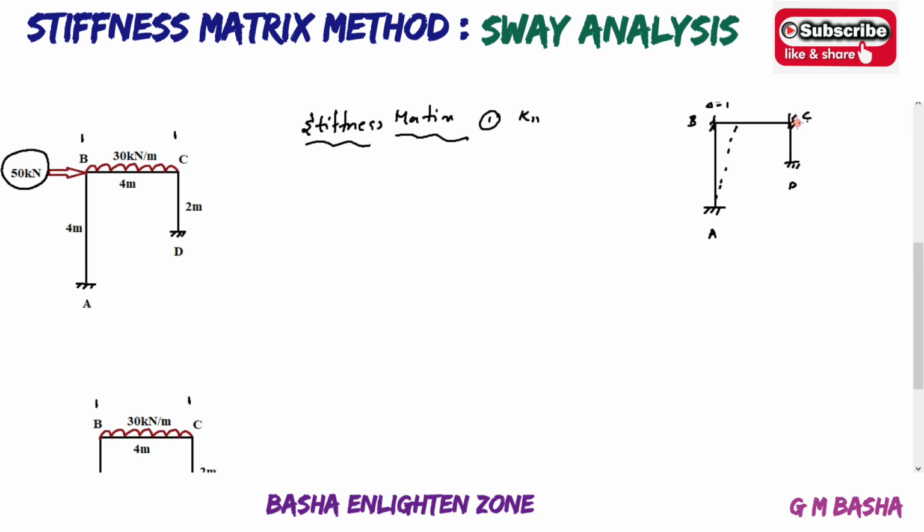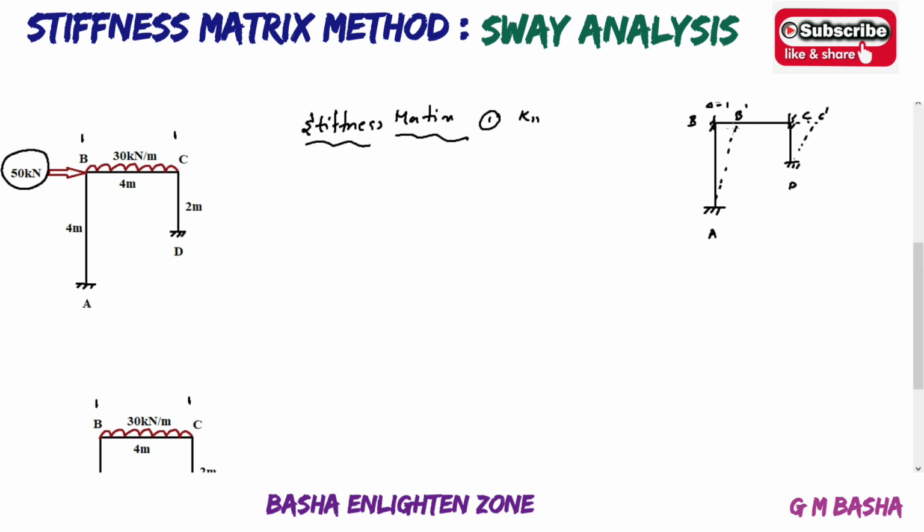So the position of the frame will be like this. So this is B dash C dash. Okay, so the original frame will be ABCD. Whenever we apply some sway force, after the application of this sway, the original position of the beam will lead to A, B dash, C dash, D. Okay, so that is delta equal to 1.